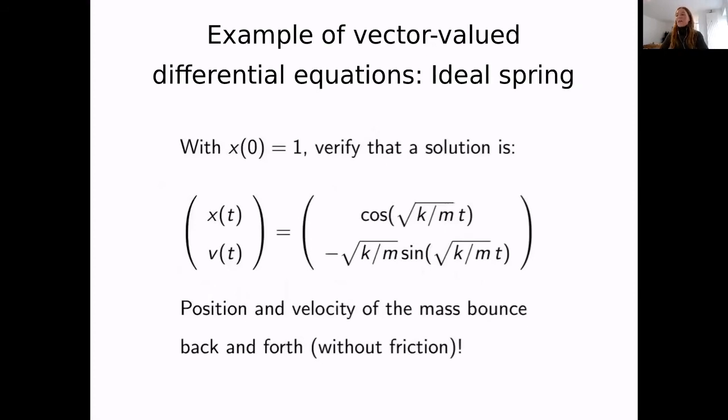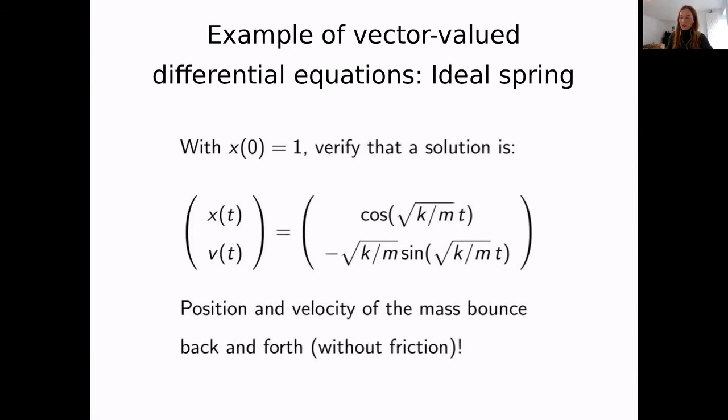And then we can also solve it. And again, you may want to verify that this is the solution, so that the displacement, the position of the mass, is something of cosine, and the velocity goes with the sine function. So both are bouncing back and forth, oscillating, but only without friction. So without friction, if you just displace it, it will just bounce back and forth forever, right?